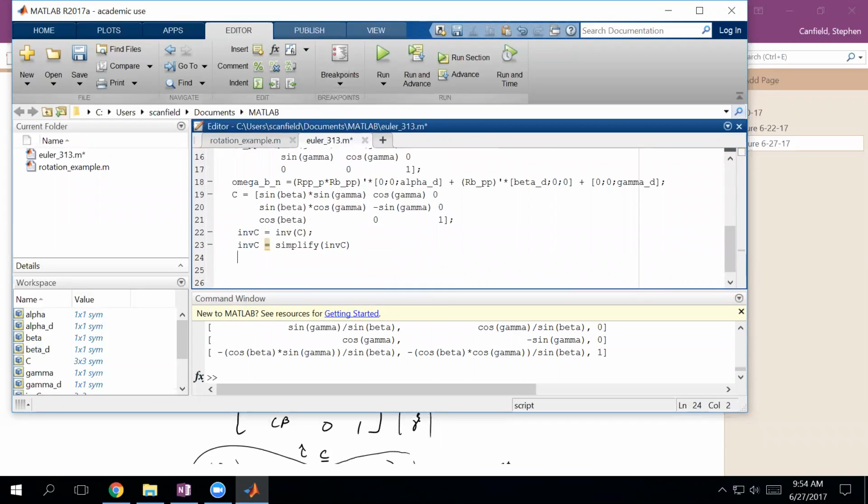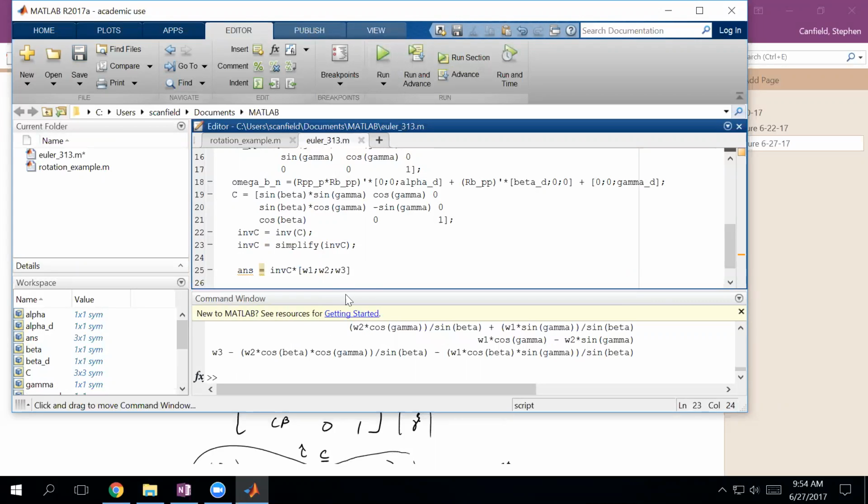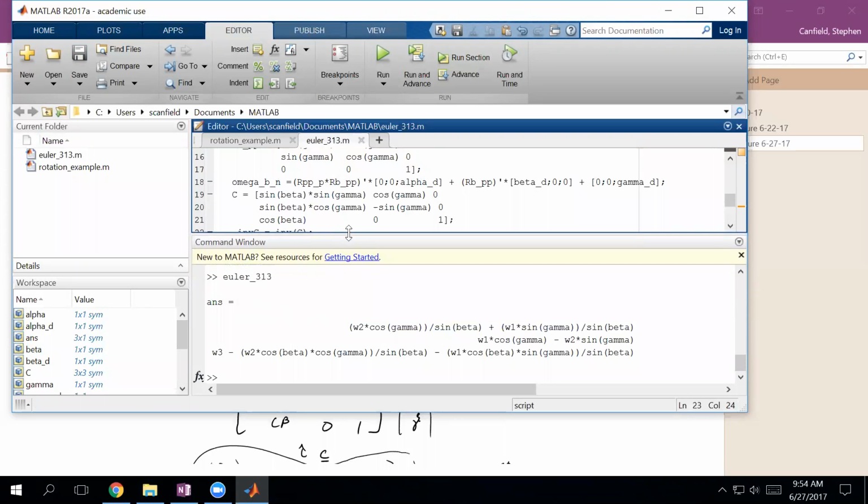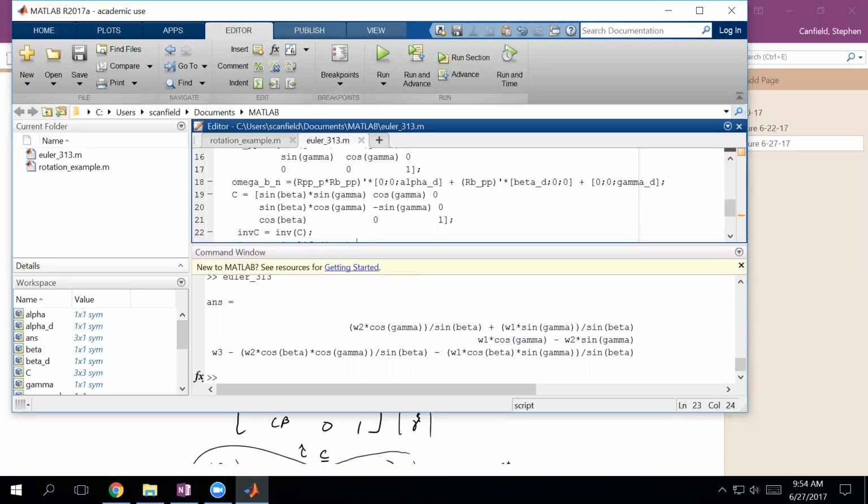So down here, I'm going to just write my ANS equals inverse of C times this matrix: omega 1 first row, omega 2 second row, omega 3 third row. And I'll print that to the screen.